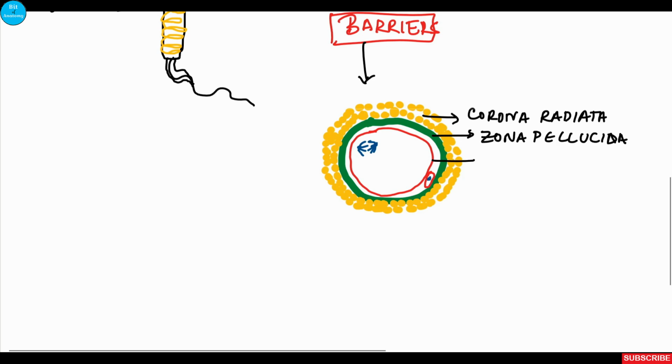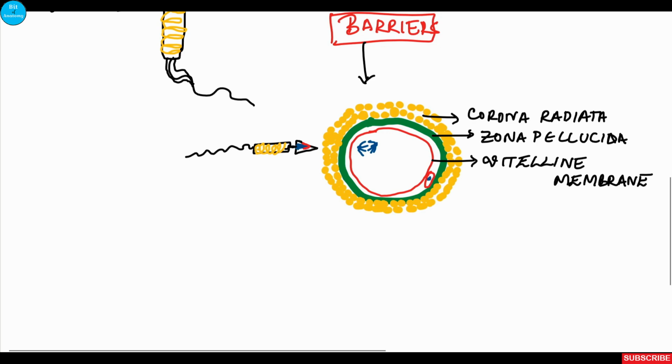So these are the barriers: the corona radiata, zona pellucida, and the vitelline membrane. Out of 200 to 300 million sperms that enter the female reproductive system during sexual intercourse, around 100 to 300 sperms reach the ampulla of the uterine tube. They surround the secondary oocyte, out of which only one succeeds in entering.